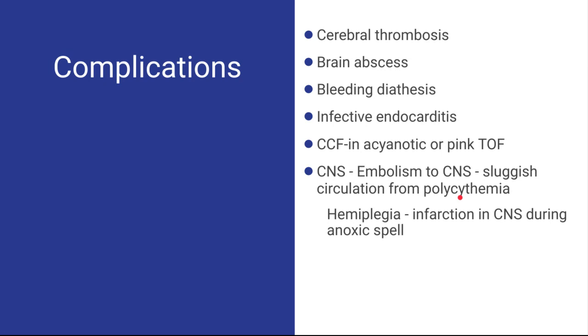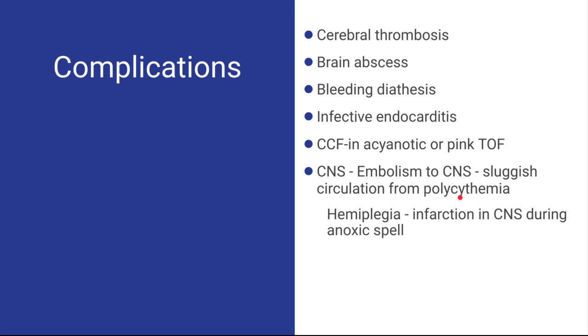Complications include cerebral thrombosis, brain abscess, which are common with congenital cyanotic heart disease, bleeding diathesis due to chronic hypoxia of liver parenchymal cells, and infective endocarditis. Then CHF can be there in acyanotic pink TOF or when associated with severe anemia, endocarditis.